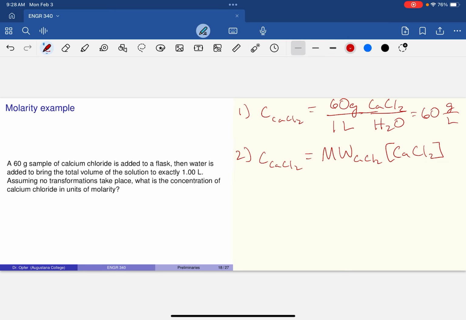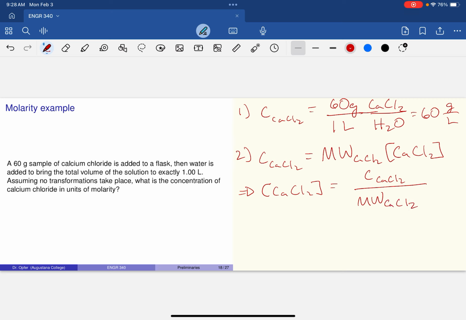Okay, so we can rearrange this to find that the CaCl2 molarity is equal to the mass concentration divided by the molecular weight of CaCl2.